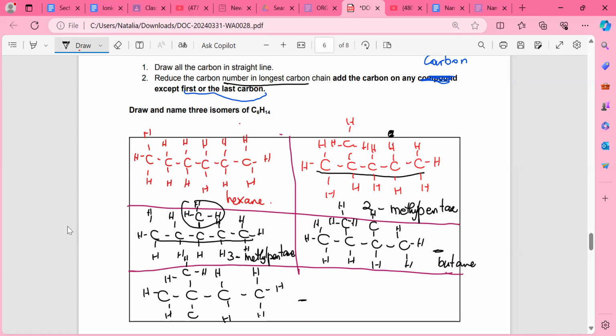Substituents: methyl. How many of them? 2, so dimethyl. And they're on which carbon numbers? The second and the third. So it's 2,3-dimethylbutane.